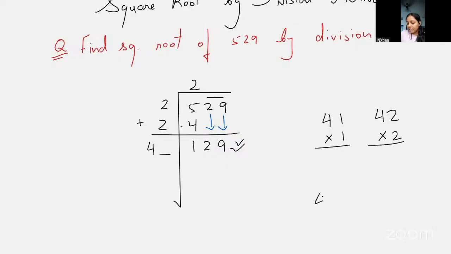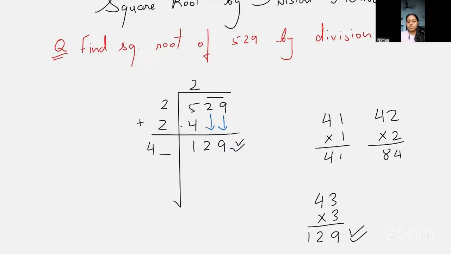Or if I add 3 behind it, I multiply by 3. So 41 into 1, I will get 41. 42 into 2: 2 fours are 8, that's 84, no. If I do 43 into 3: 3 threes are 9, 3 fours are 12.